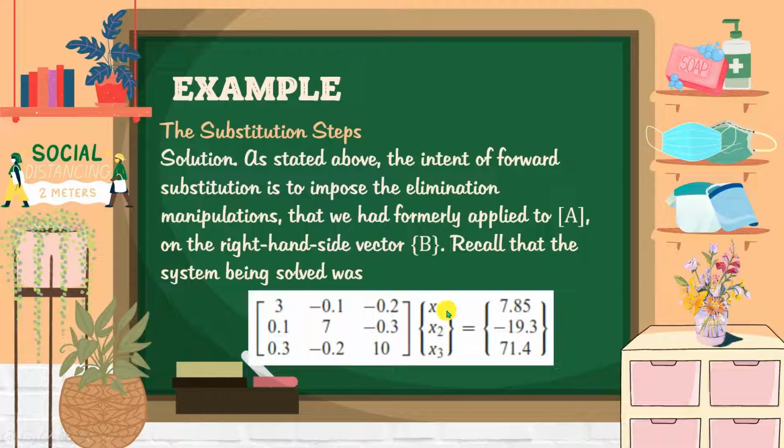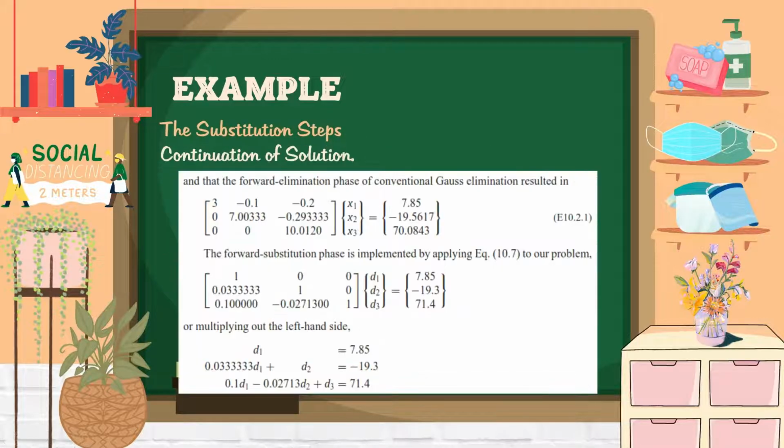This is the matrix form that the forward elimination phase of conventional Gauss elimination resulted in. You will notice this is part of the forward elimination. You can recall our naive Gauss elimination.